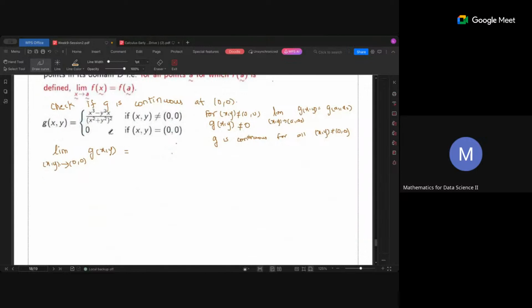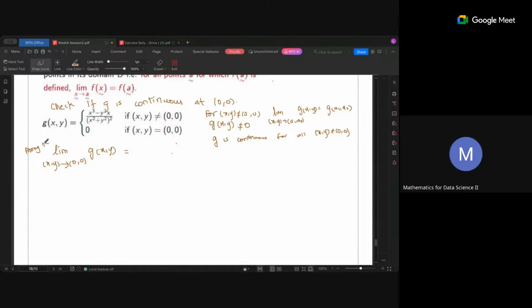This is the homework I gave you. So work it out along which curve the limits are different or the limit does not exist. That is what you need to find out. I guess if you take along the x-axis, then y is 0. So what do you get? Along the x-axis, x cubed by x to the power 4, so we'll get 1 by x.